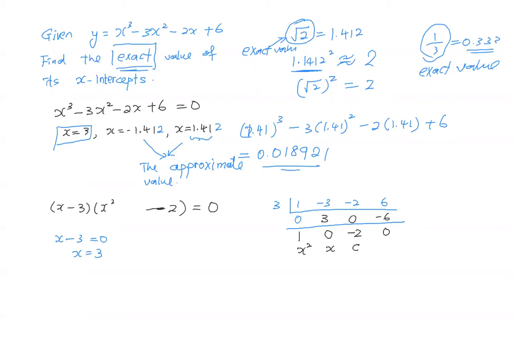The product of two things equal to 0, either one of them equals 0, okay? So therefore, x equals 3, x equals square root of 2, and x equals negative square root of 2. So these are the exact values. You get me?